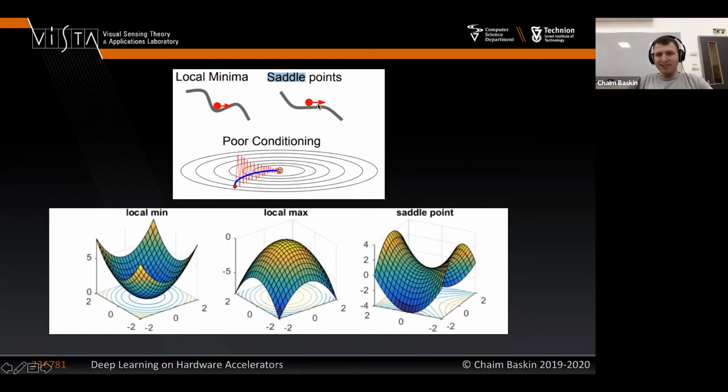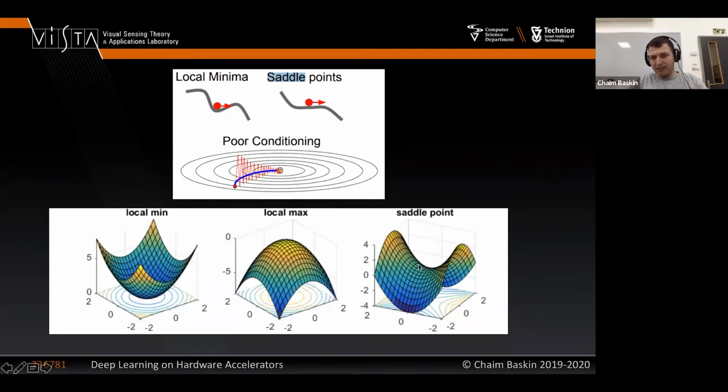The second problem is the saddle point, as you can see here. So this is a local minima, this is a local maxima, and these two are very easy to reach. But if you have a saddle point, the gradient at this point will be 0. We are not progressing to the local minima.